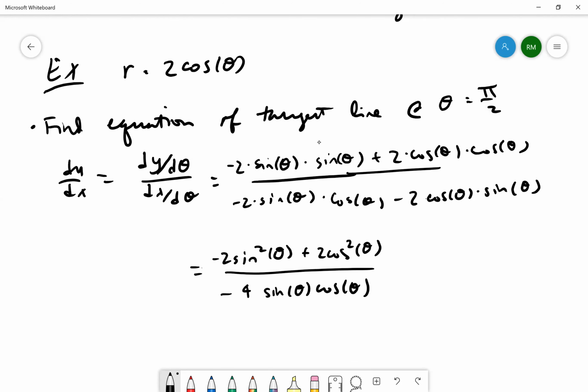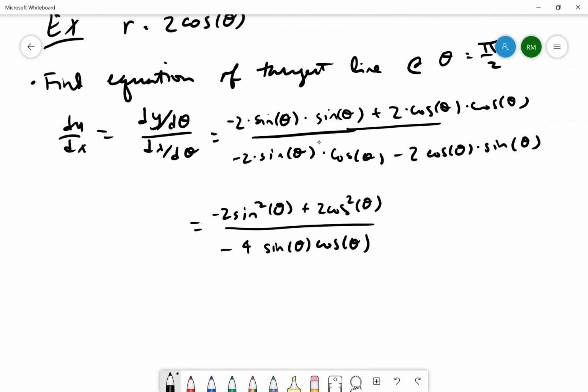I'm going to plug in pi over 2. Well, what I see happening in the numerator is I'm getting 2, and in the denominator, I'm getting 0. So this should say I have a vertical tangent line.